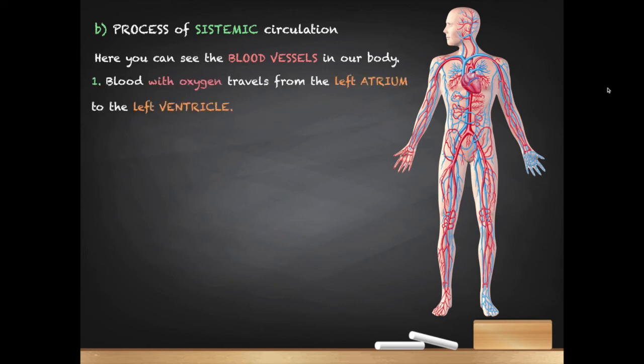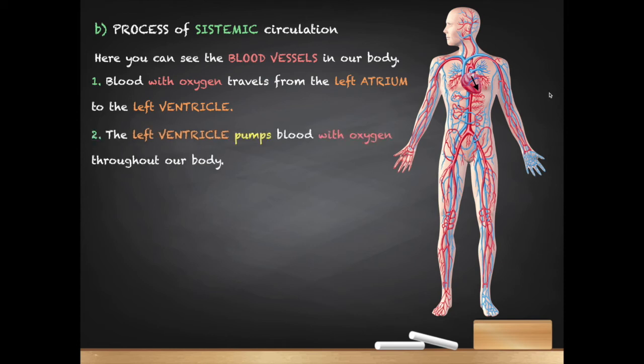And if you can see, number 1, blood with oxygen travels from the left atrium to the left ventricle. Okay, it travels from the left atrium to the left ventricle. And now I'm sure that you know it. Second step, the left ventricle pumps.